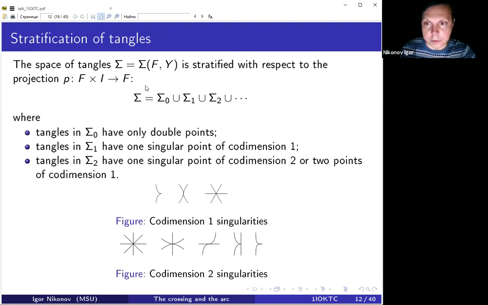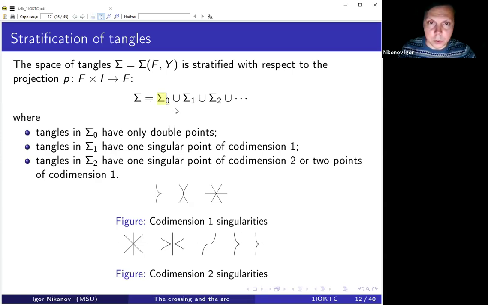So we have the set of tangles, of embeddings, and then the first stratum is the tangles in general position. This means the projection of a tangle has only double points. It's the usual diagram of a knot, a link, or a tangle.